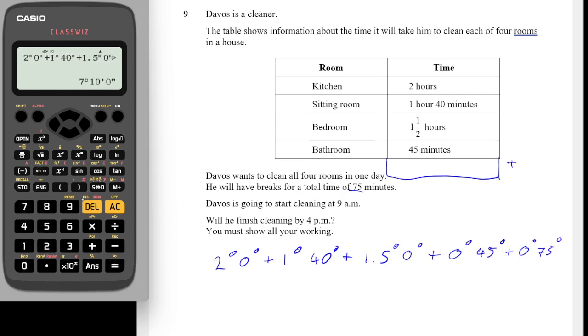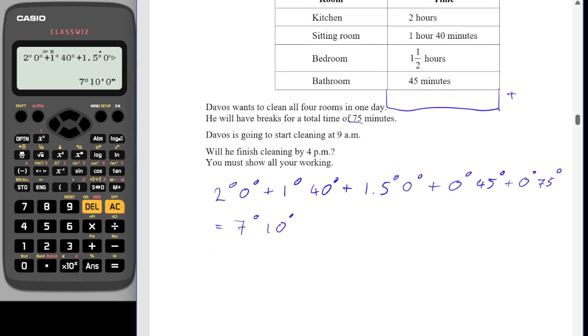And the calculator will automatically add those times up for me, so they're working it out to be 6 hours and 10 minutes. And I can even use this to add up my time. So if I just add 9 hours to that time, then that will give me the finish time. So if I do that plus 9 hours and 0 minutes, that means that he finishes at 16 hours and 10 minutes.